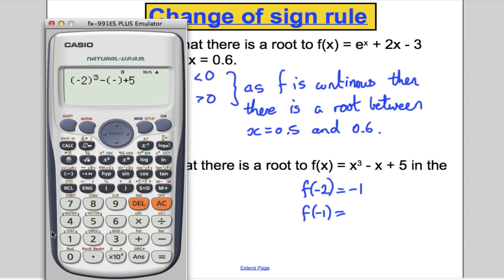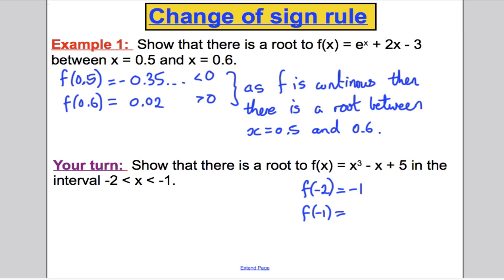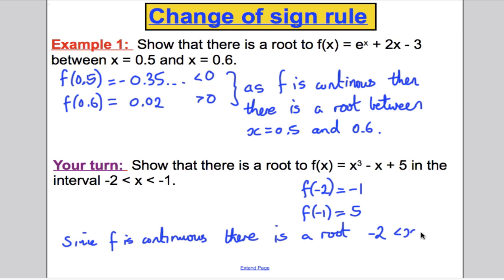I could just actually go back to the same function and swap the -2 for -1, hit equals, and we get 5. So this is 5, and then you can say, since f is continuous, there is a root in the interval -2 is less than x, it's less than -1, and you're done.